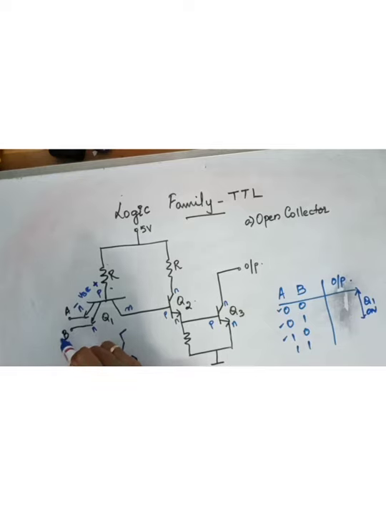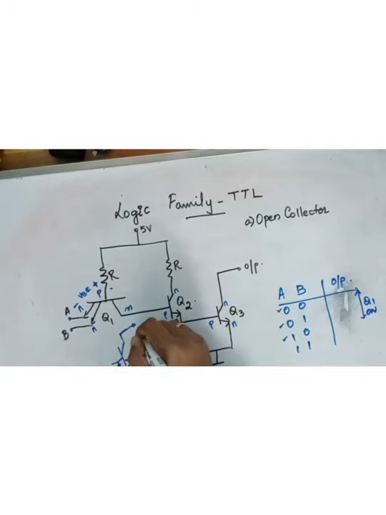If one of these emitters is at a low voltage, this is VBE, this will be at a lower voltage. Why?